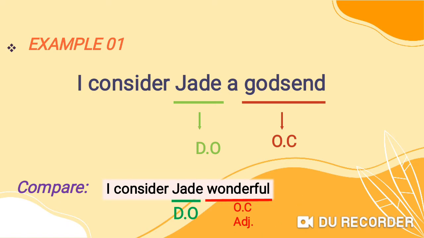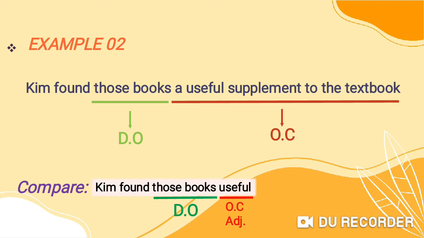And then let's move on to the second example. We have: Kim found those books a useful supplement to the textbook. Those books here is the direct object.